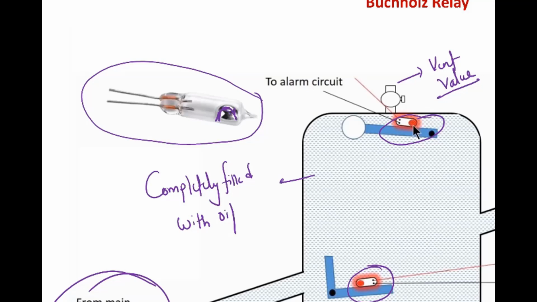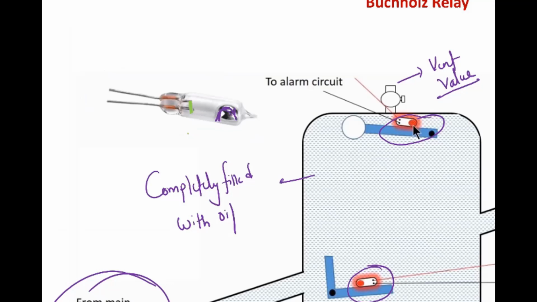If you observe carefully, the two terminals are connected to two contacts here. I will show in green. This is one contact and this is the other contact, which are now isolated. Once the mercury switch senses the gas bubbles, they will get attached, and once they get attached, it will give a signal.